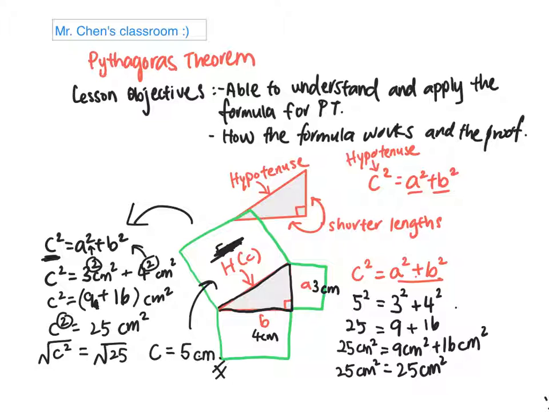However, let's say one of the shorter sides is not given. So let's say the 3 centimeters is not given, but this 5 centimeters is given. How are you going to find that? That will be your x centimeters.